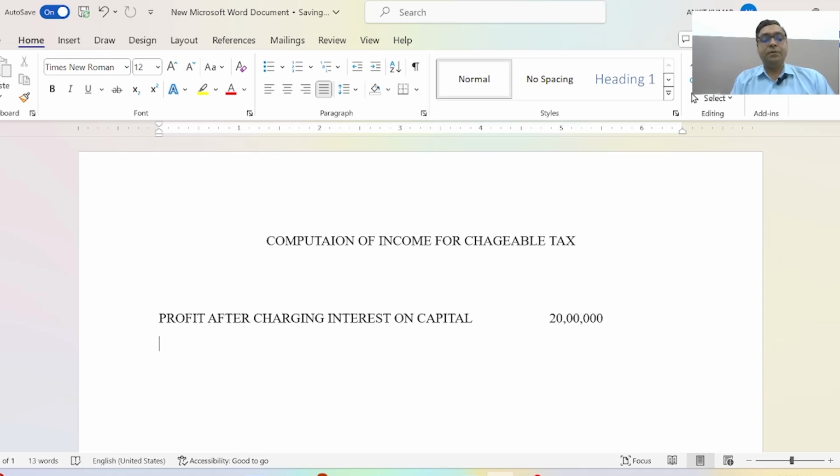Now we add interest on capital at the rate of 15%.